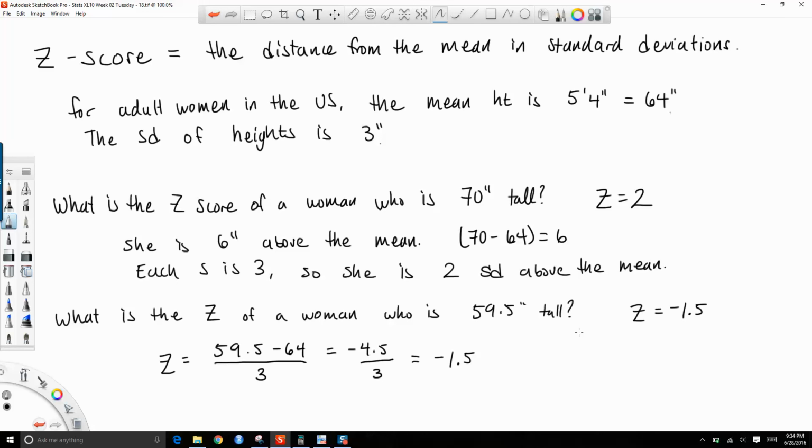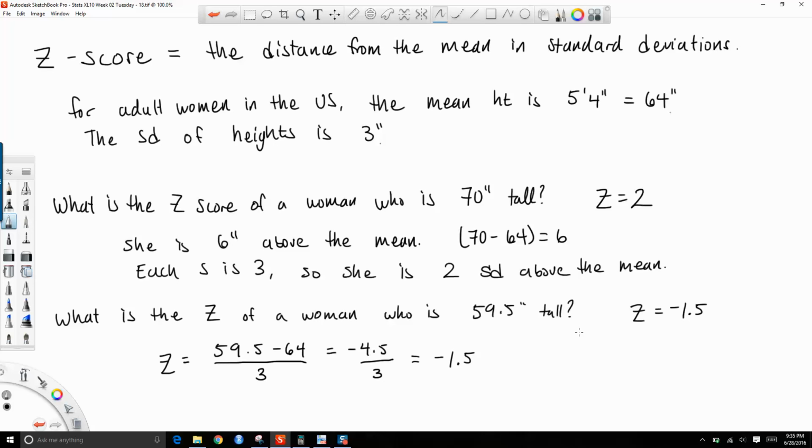Okay, and so Z-scores are useful to us because just from a Z-score we can get a sense of whether or not a value is unusual.